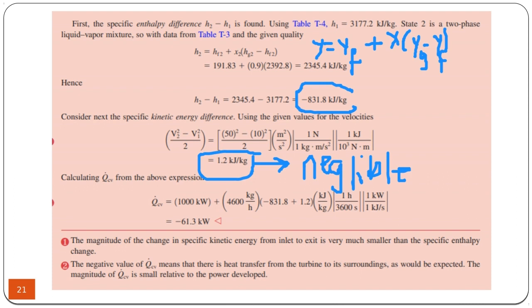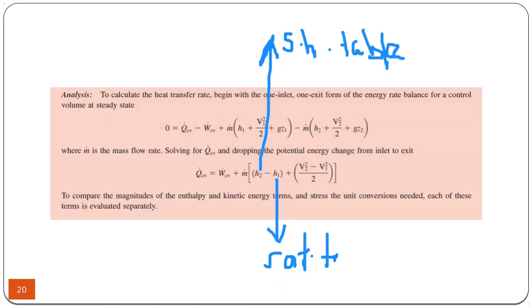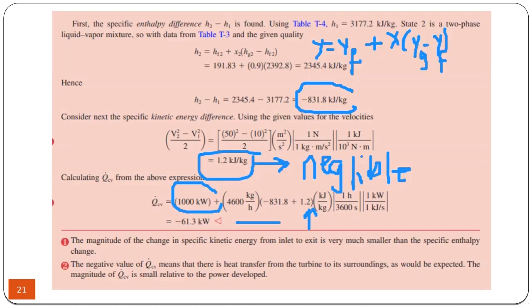So this is the change in the enthalpy part, the change in the kinetic energy part. This is the work, because you have to have the work term here, and it's going to be the work delivered by the turbine.